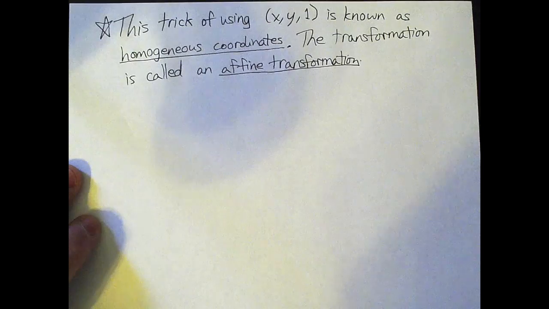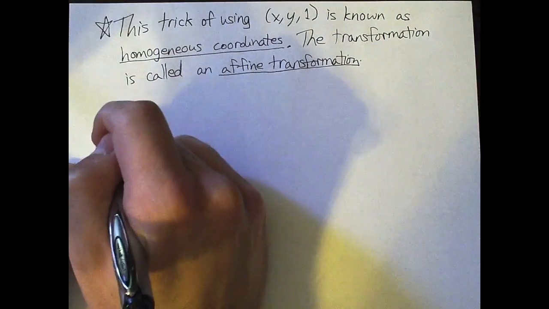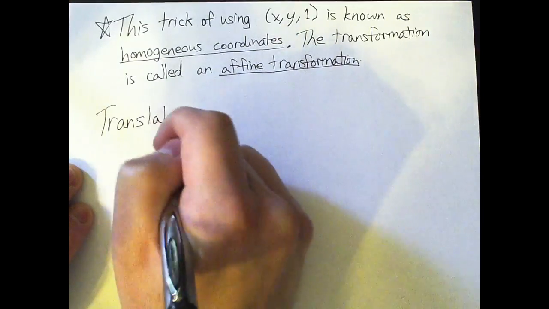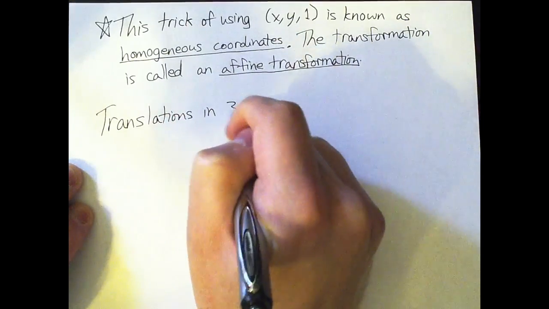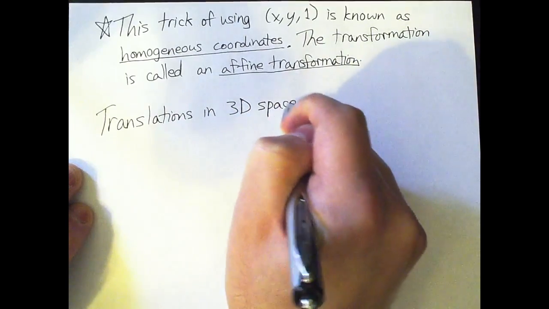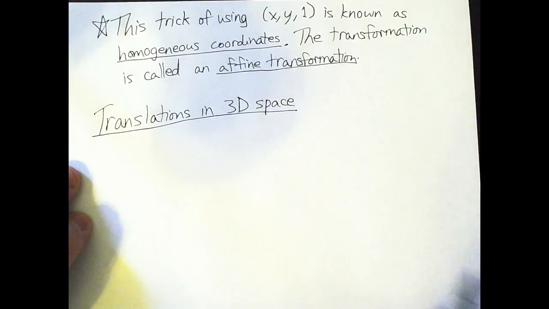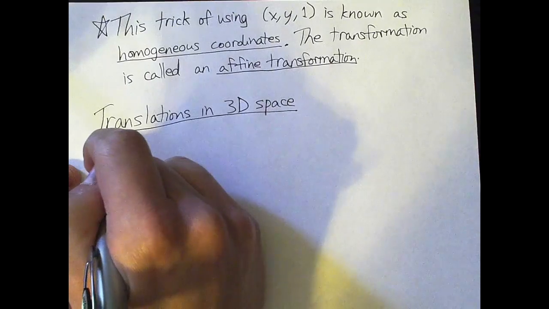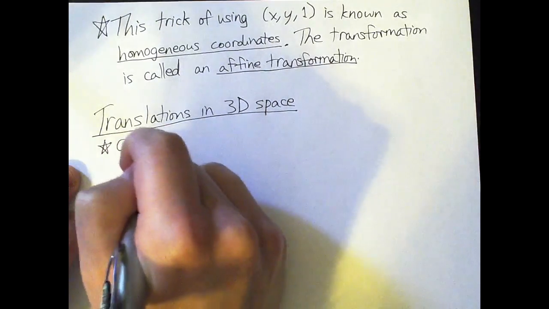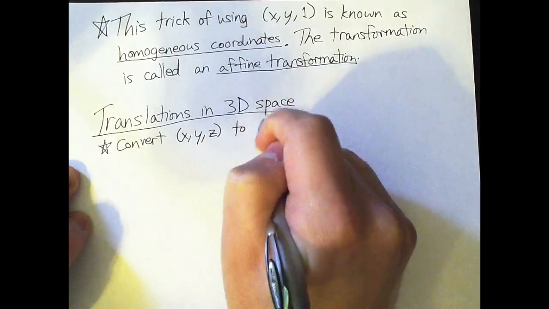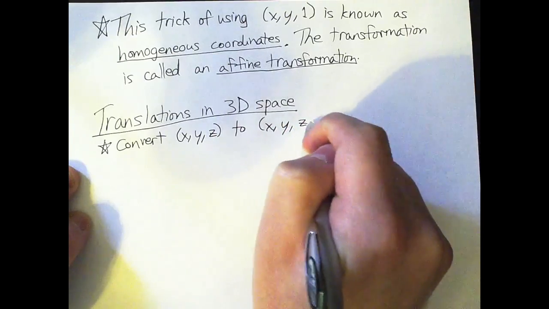All of this was about shifting left or right or up or down, but that was in two-dimensional space. So let's expand this to talk about translations in 3D space. Well, I went into detail for the two-dimensional version so that we don't have to go into all the details for the 3D version. But the basics of it are we convert x, y, z to x, y, z, 1.